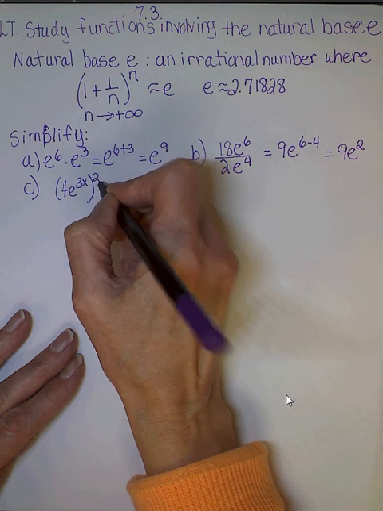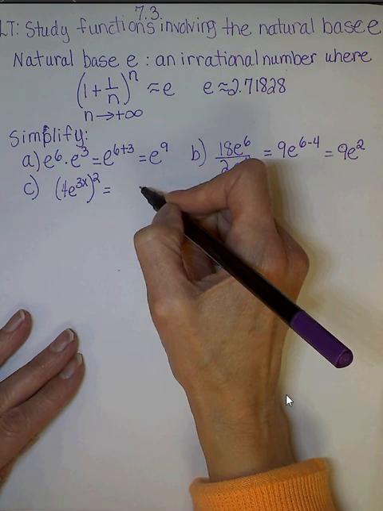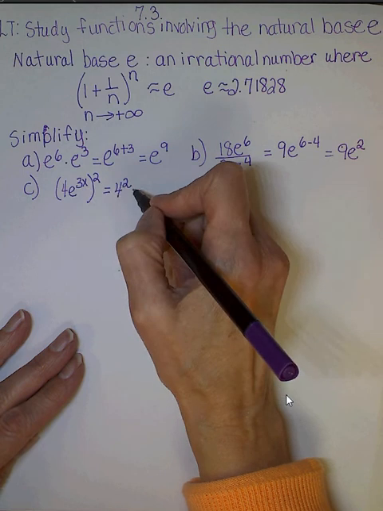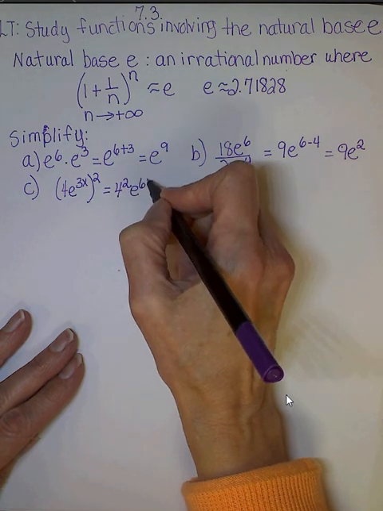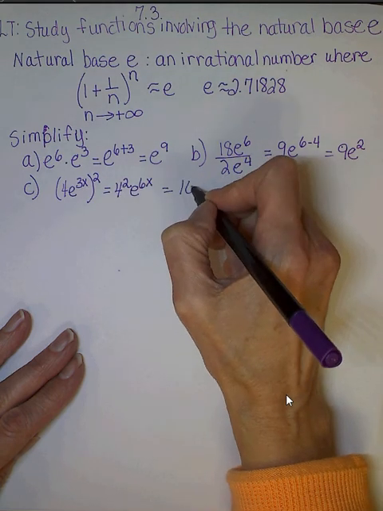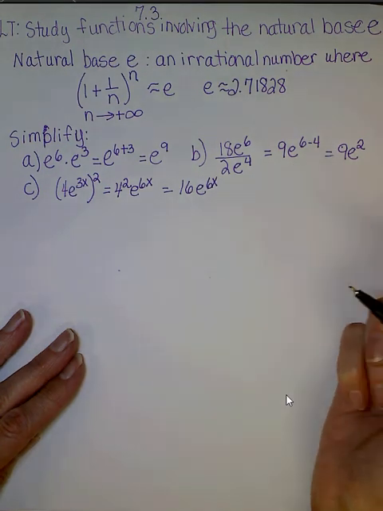Alright, so remember anything in parentheses has to be raised to this power. So we would have 4 squared, and then we would multiply these to get e to the 6th x. When you have a power to a power, you multiply. So our final answer would be that.